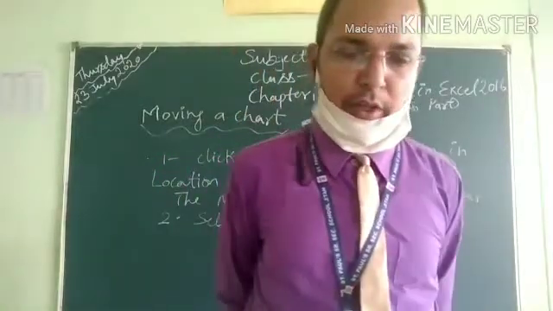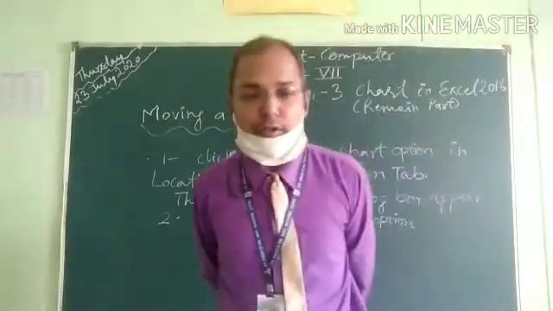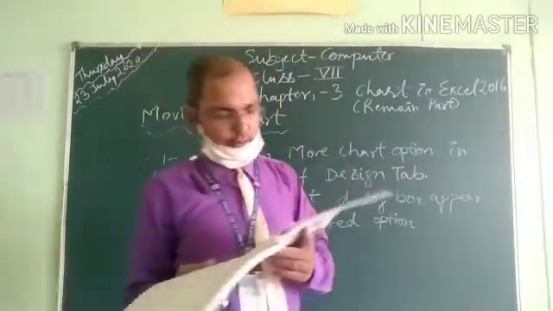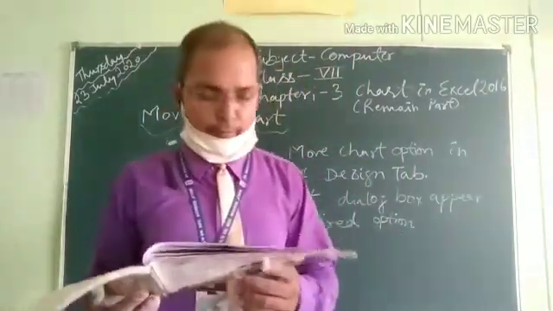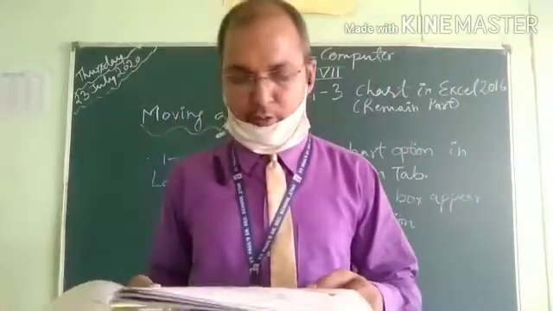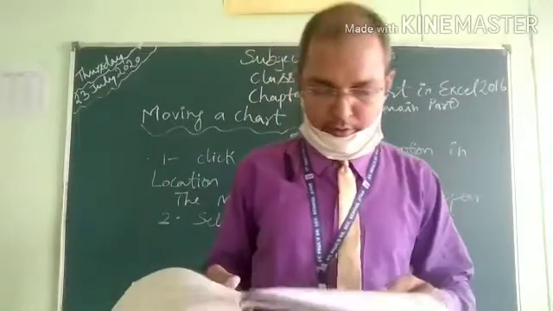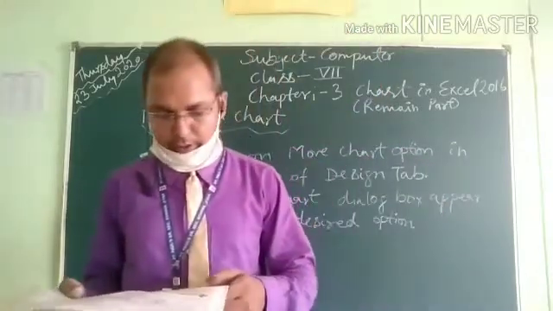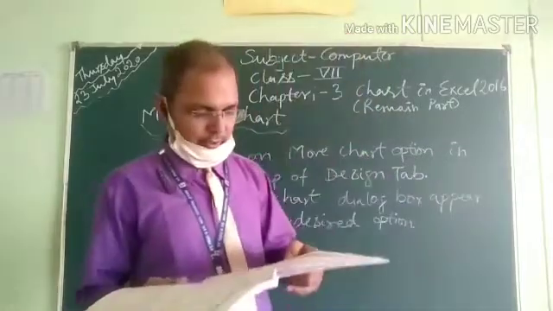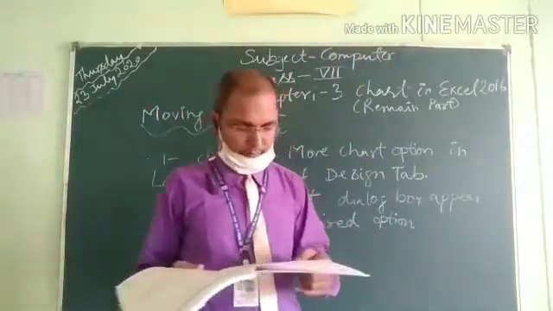MCQ one: which function key is used to insert a chart in a worksheet? A, F8 key; B, F11 key; C, F9 key. The answer is the F11 key. Second: which chart type displays the data in the form of grid lines?